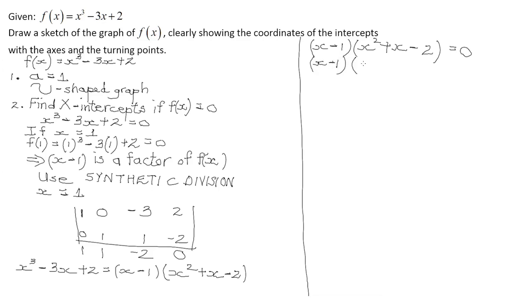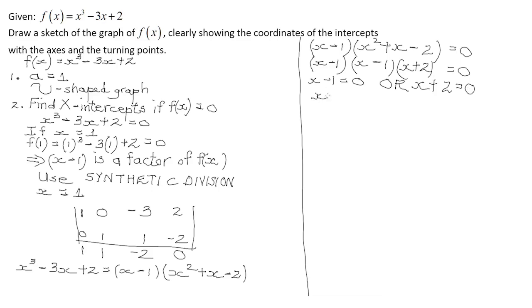And then what will be the factors of x squared plus x minus 2? Very, very important here. You can see there you're going to get a plus and a minus. You need a plus 2, and you need a minus 1 in order to get a plus 1. So obviously you can see x minus 1 is equal to 0 by the zero product rule, or x plus 2 is equal to 0.